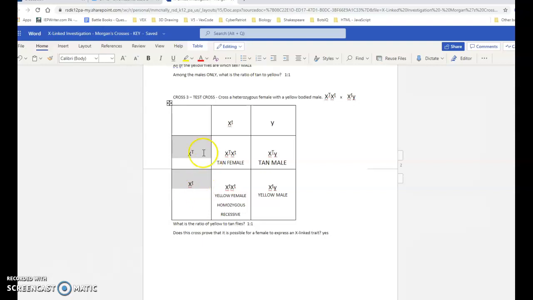And clearly then, if we took this individual, homozygous recessive for the X-linked trait, versus the male, we're going to get 100% yellow individuals, even though we didn't do that cross today. So I hope this helps you understand how that should have worked. Thanks.